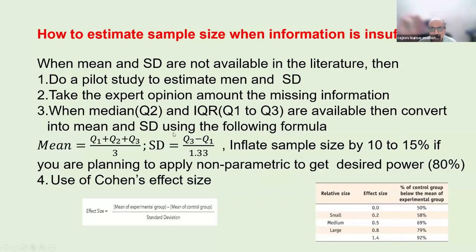Whatever it is, in the literature it is given as the median and IQR. What is the meaning of that? It means that the data is not normal.